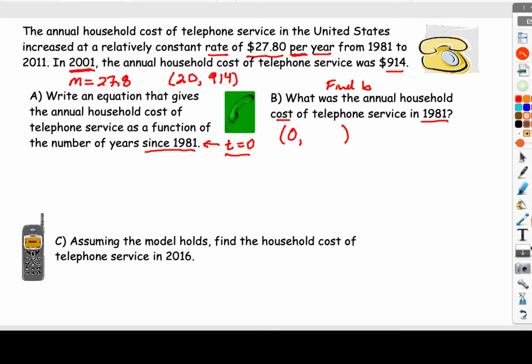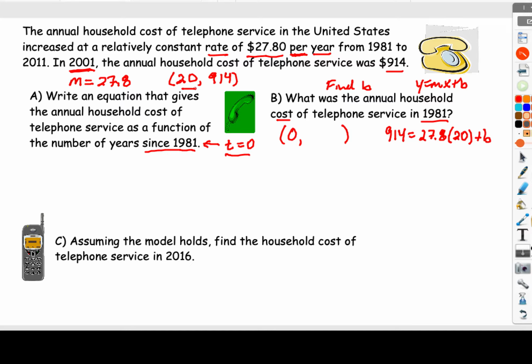Well, if we take our y equals mx plus b equation, and we insert what we know, well, I know a y value of 914 is equal to a slope of 27.8 times x, well, when y was 914, x was 20, plus b, right?